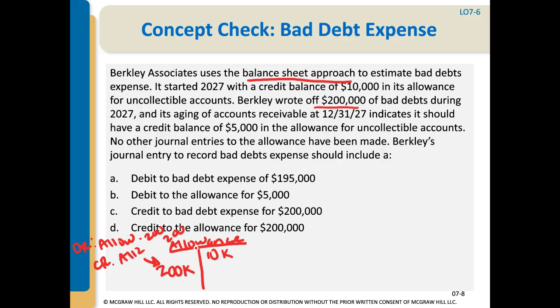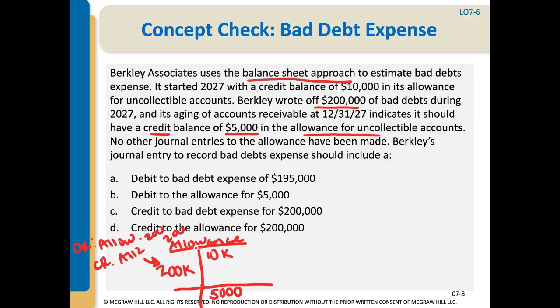So they wrote off $200,000, and its aging of accounts receivable at 12/31/27 indicates it should have a credit balance of $5,000 in the allowance account. So it's telling me that at the end of the day, I should have $5,000 here. So 10 minus 200 gives me a debit balance of 190.